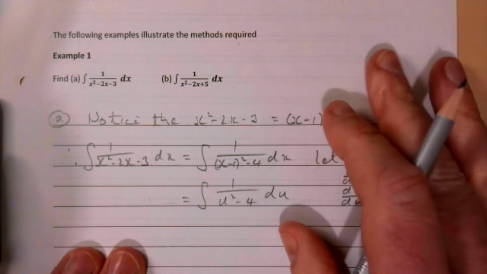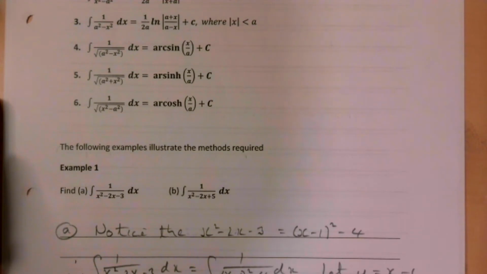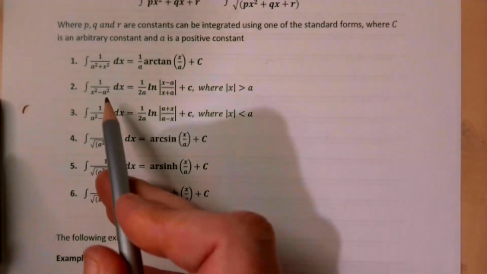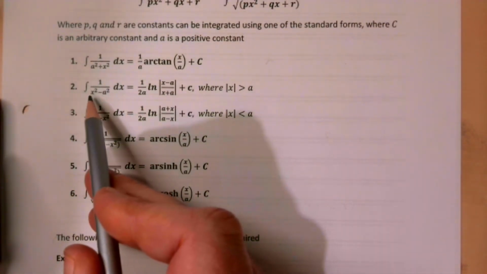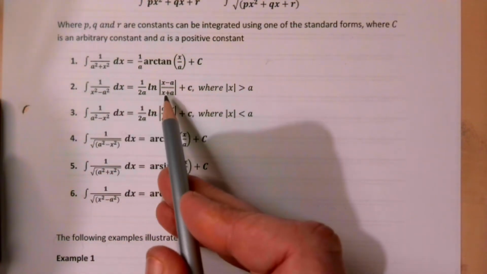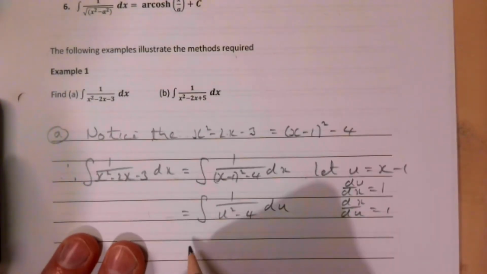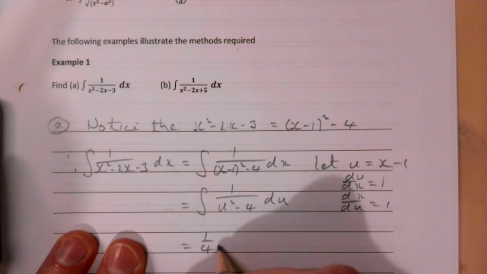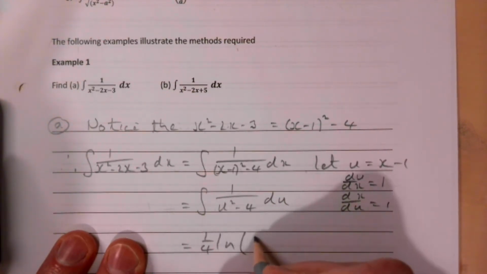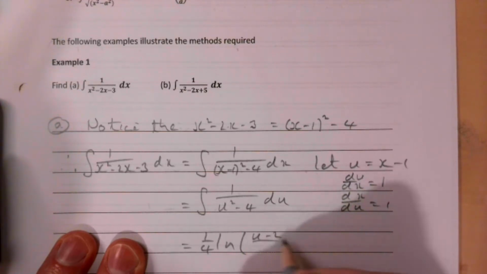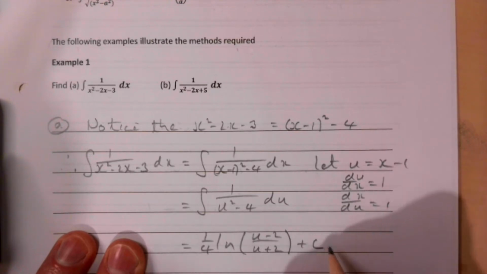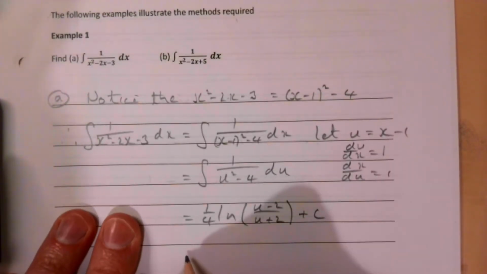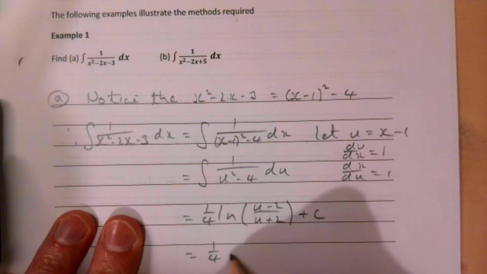This is one of our standard ones. Let's see which one it is. So it's something x squared minus 4 effectively. So what do I have? It's a bit like this one, x squared minus that, so it's going to be 1 over that. So that goes to a quarter ln of u minus 2 over u plus 2 plus c, and then my final line obviously changes back to an x.